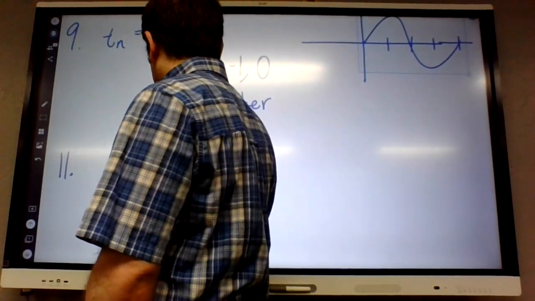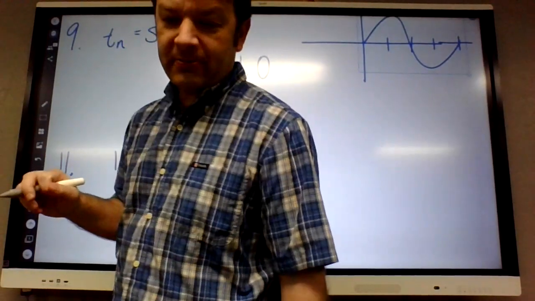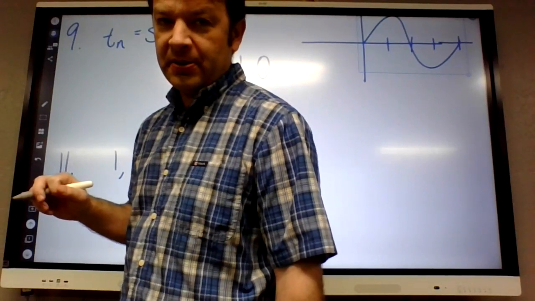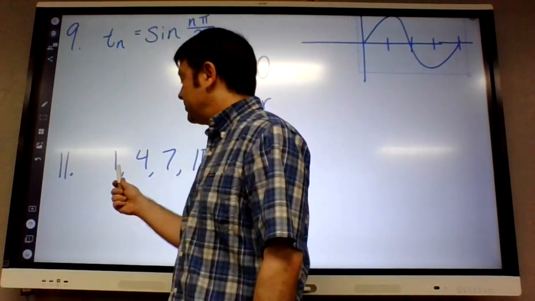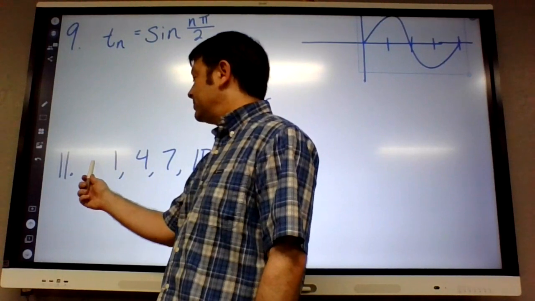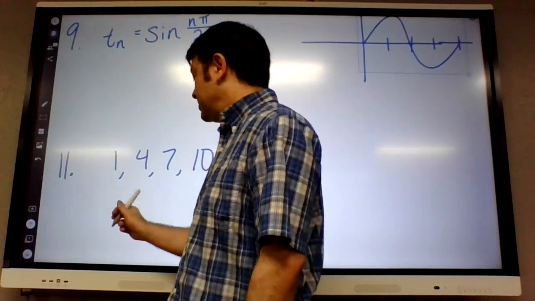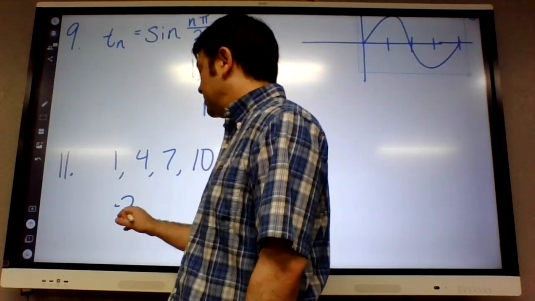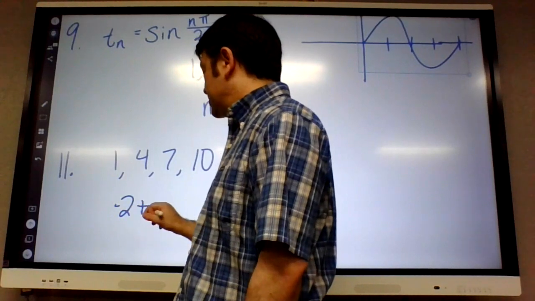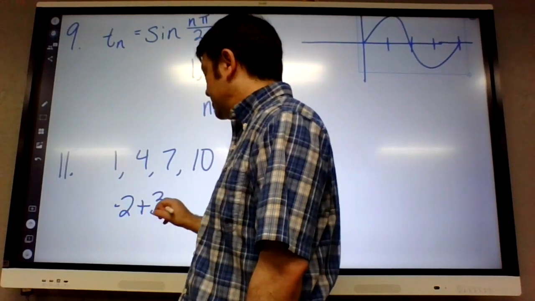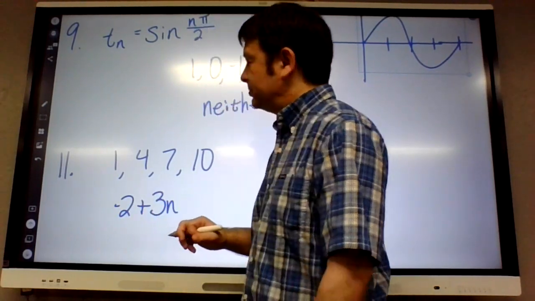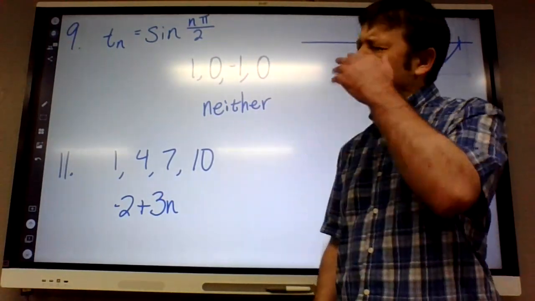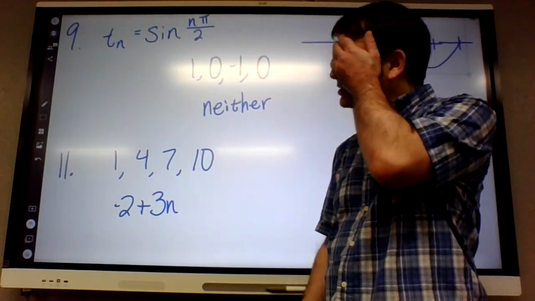So, wait, is this the problem I put up at the beginning? Yeah. It was. So if I back up 1 step, like back up 3, like -3, it would start at -2. Plus, and then we want to go up by 3. Or you could say we're going up by multiples of 3. So it looks like that.